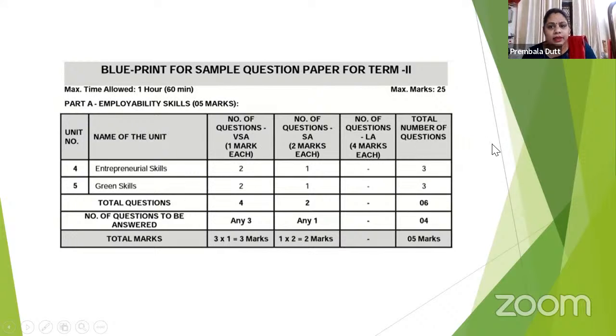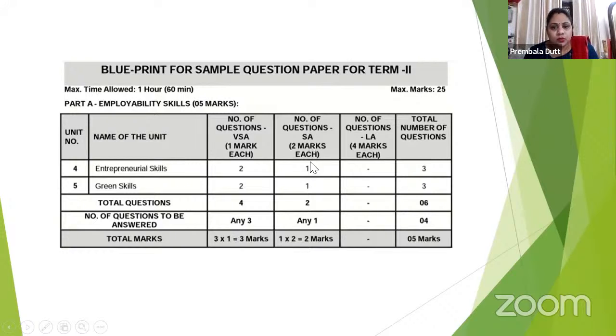In green skills, again, the number of questions could be 3. In very short answers, there's an option: a total of 4 questions are there, but the child has to attempt only 3. They will all be for 1 mark, so any 3 amongst the 4, and the total marks will be 3.